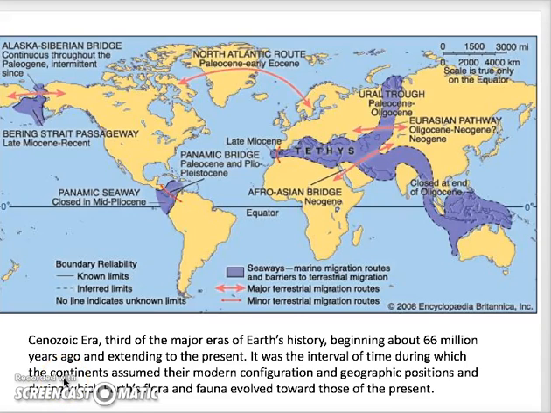We talk about the Cenozoic era, the third major era of Earth history, beginning about 66 million years ago and extending to the present. It was the interval of time during which the continents assumed their more modern configuration and geologic positions, and during which the Earth's flora and fauna evolved towards those of the present.